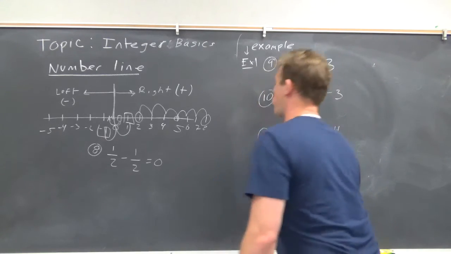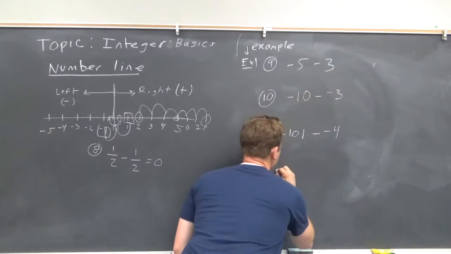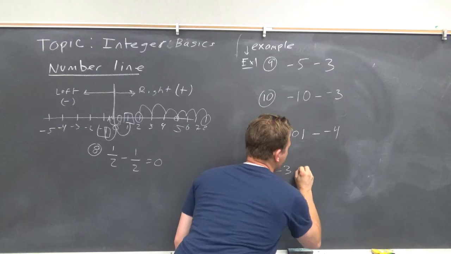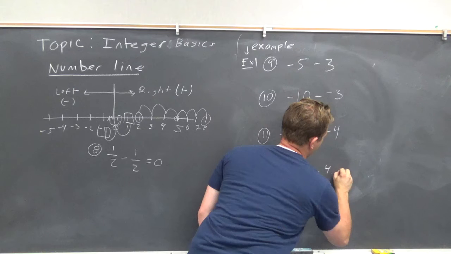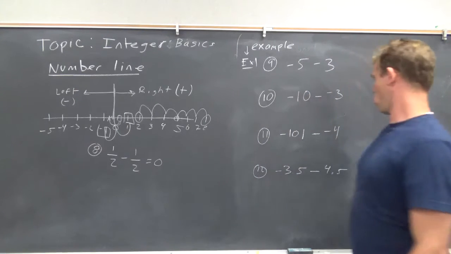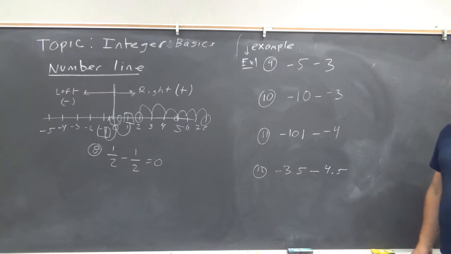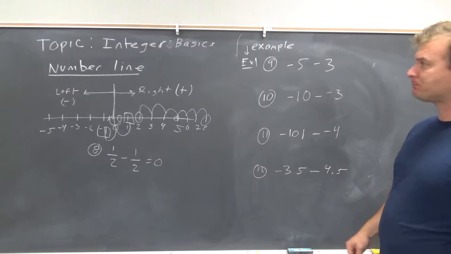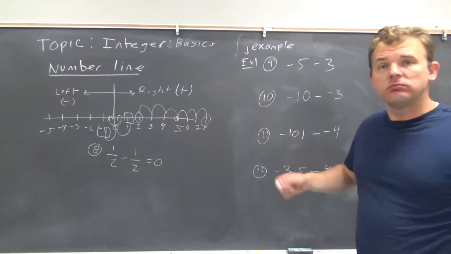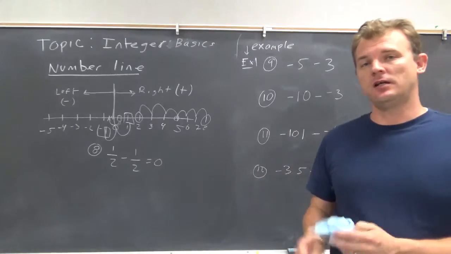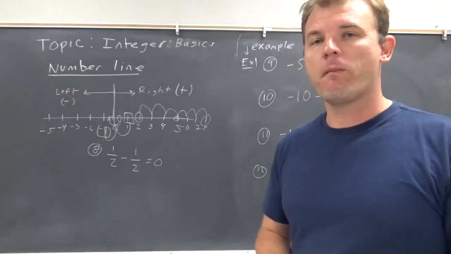Number 12: 3.5 minus 4.5. Decimals for you. Stop this video and do these and see if you get them right. If you want to do that, go for it.